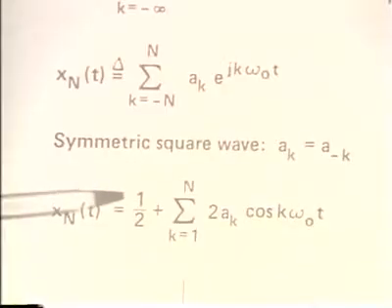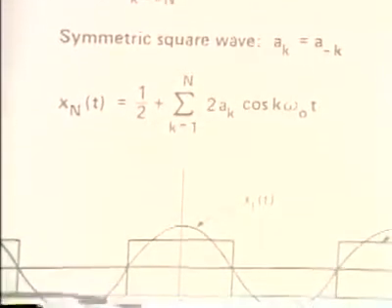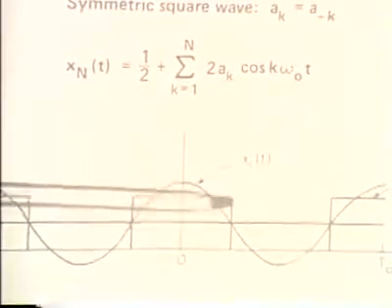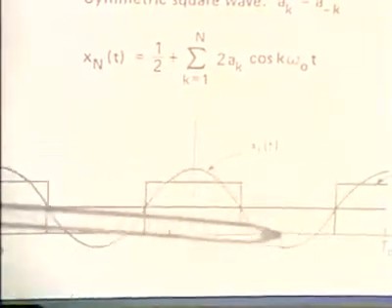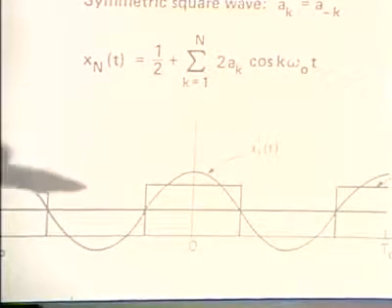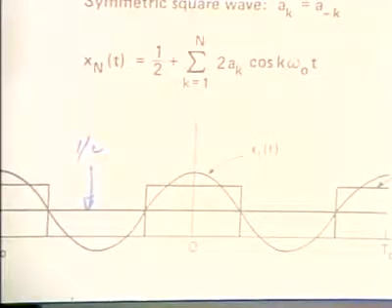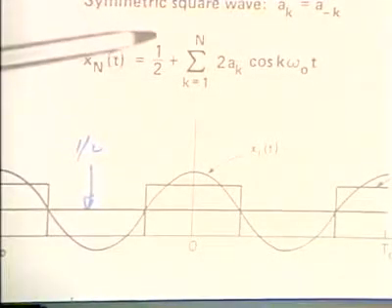Well, let's look at a few of these terms. On the graph, I have, first of all, x of t, which is our original square wave. The term that I indicate here is the factor of a half, which is this term.